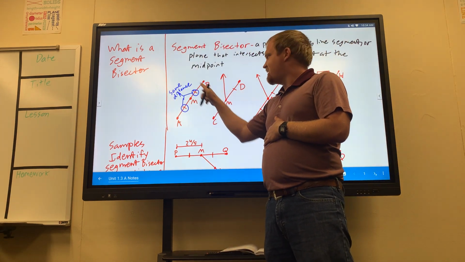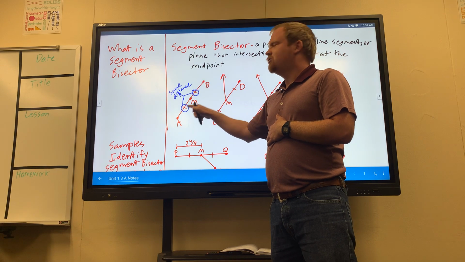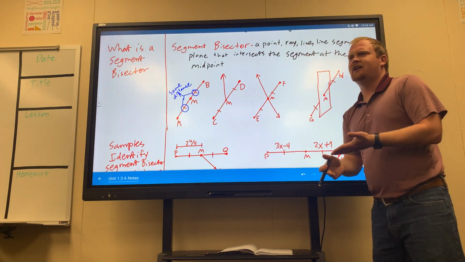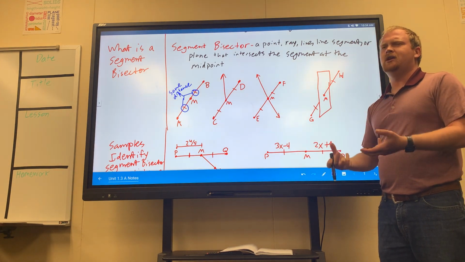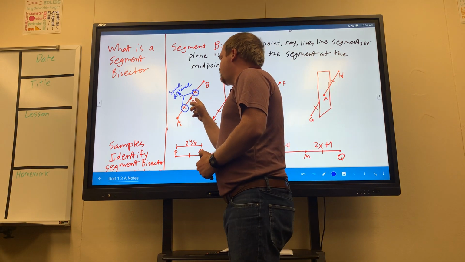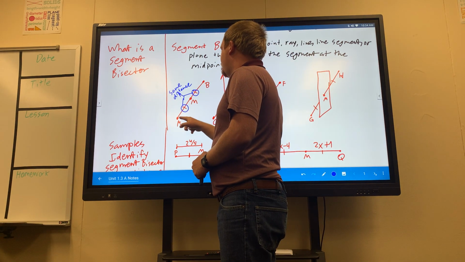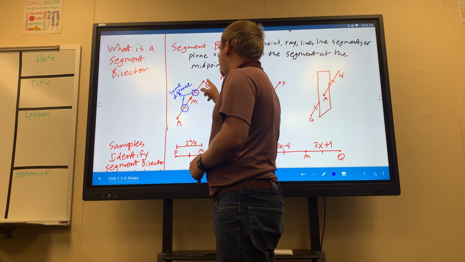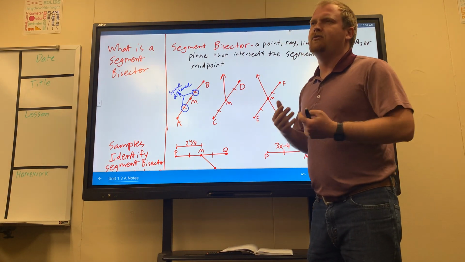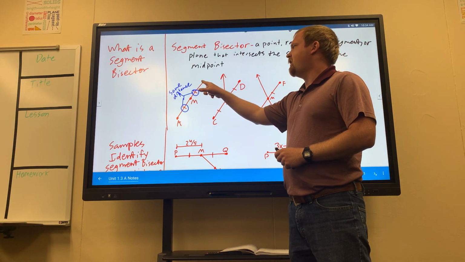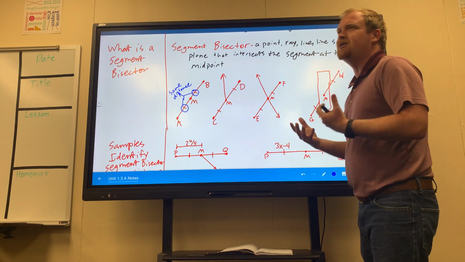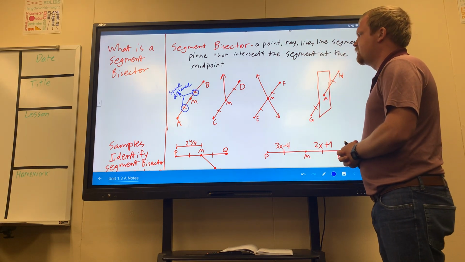If you have a dash like this, it tells you that these two are the same distance, because remember, if we cut something in half, we're talking about two equal parts, okay? So since this point cut the segment in half, AM and BM are the same distance. And in order for us to know that, we put a little dash line between the two segments, so that way we know that they're the same.